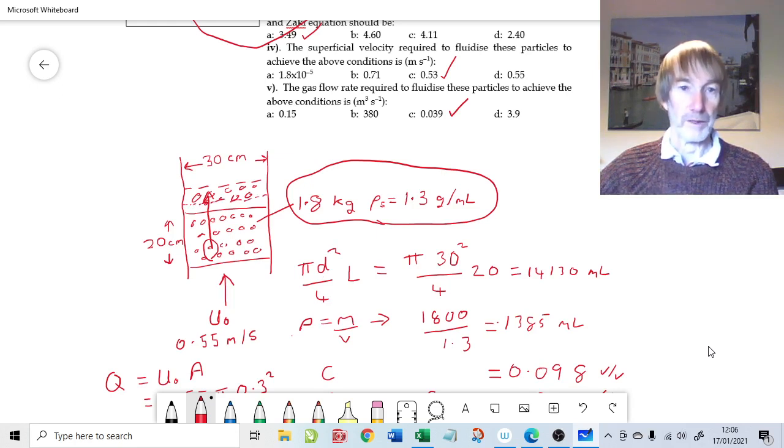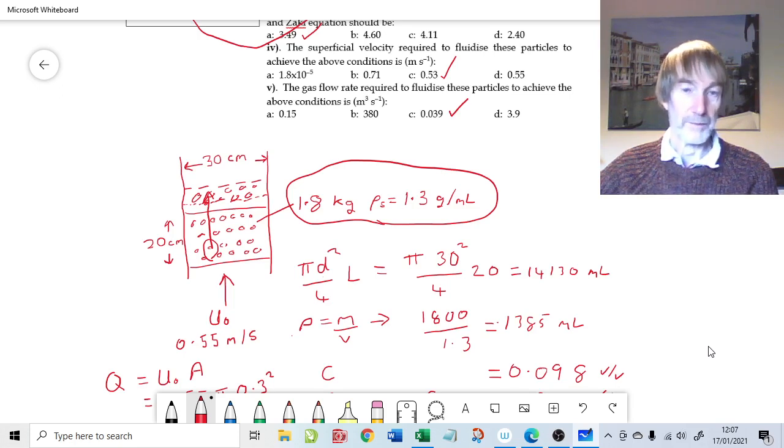Why less? Because these bubbles shoot through faster than the surrounding gas. So if you like, it's a short circuit. It's a way of getting the gas into the bed, through the bed, out the bed again, and the displacement of those bubbles won't be noticed for so long because they're moving so fast. So in fact the bed height might actually not be what we've predicted.